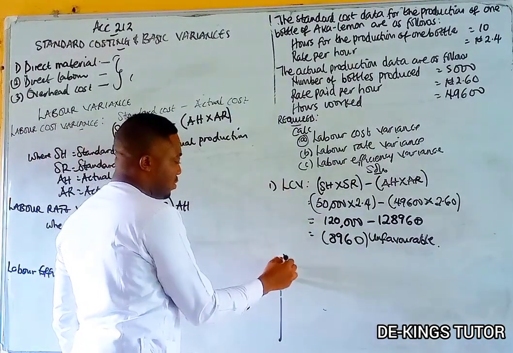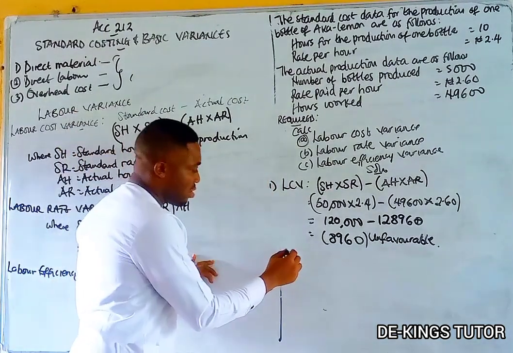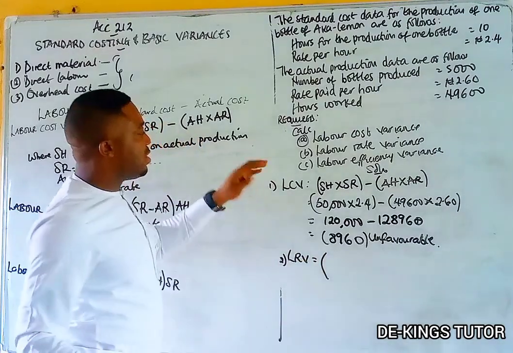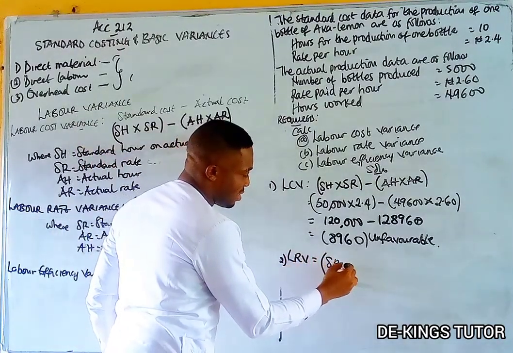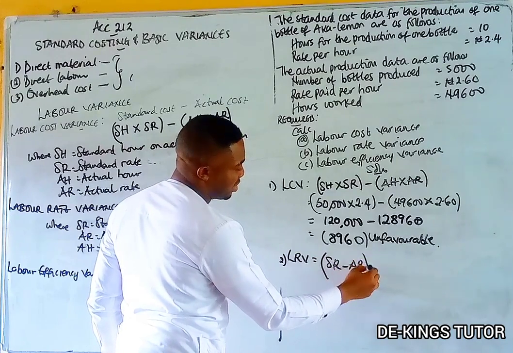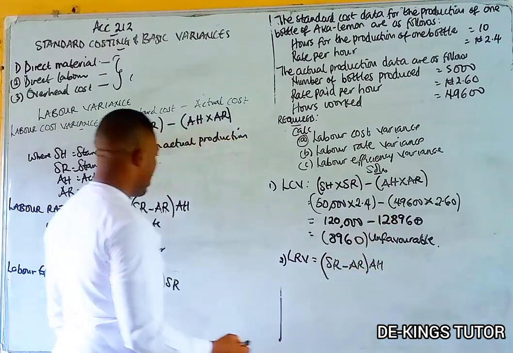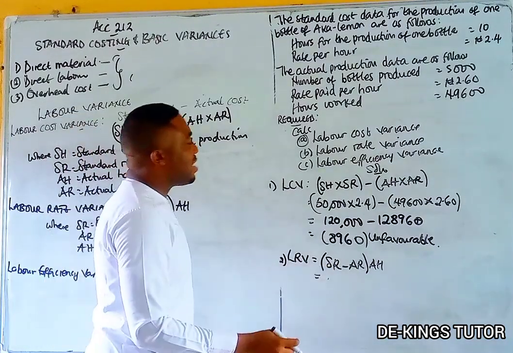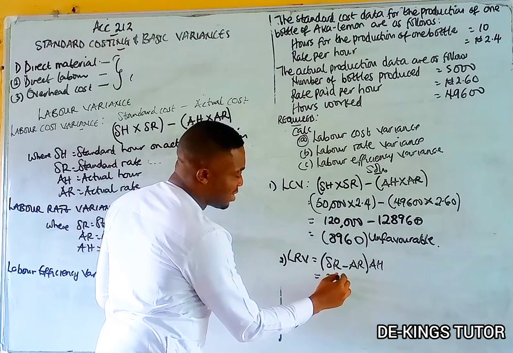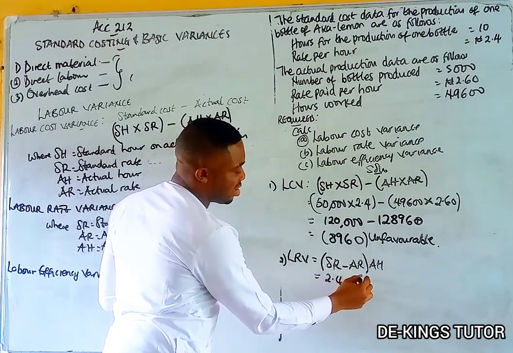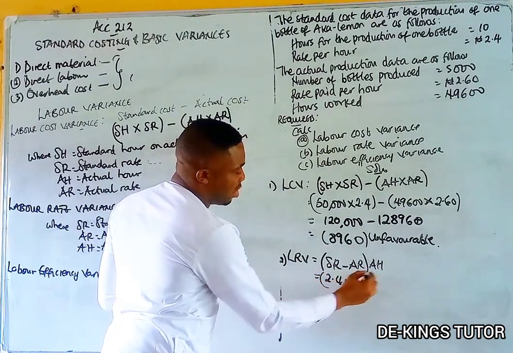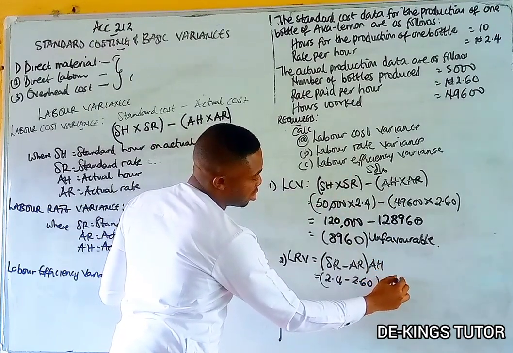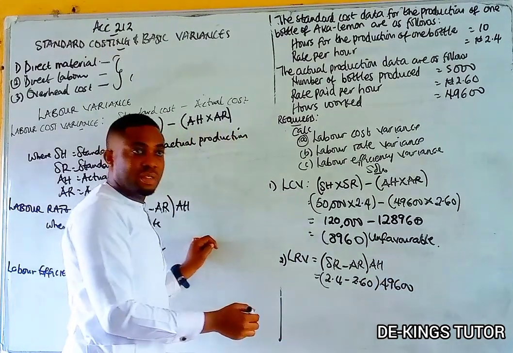The second one is what? Labor rate variance. And the labor rate has to do with the difference between the rates. Which is standard rate minus actual rate times actual hour. What's our standard rate? 2.4. What's actual rate? Actual rate is 2.60 times what, the actual hours worked? 49,600, right?